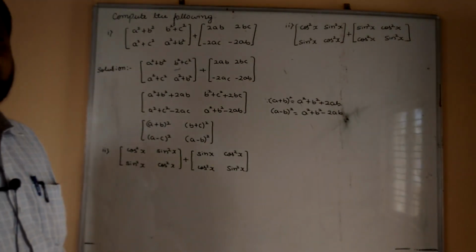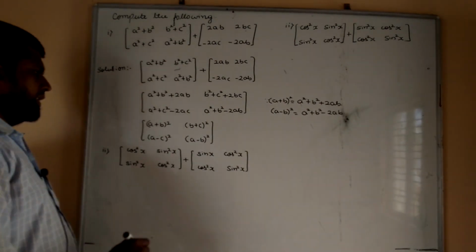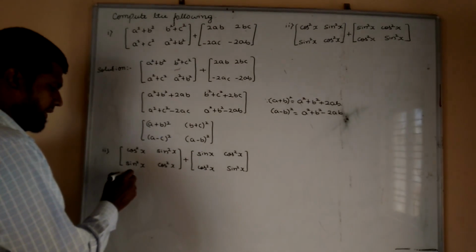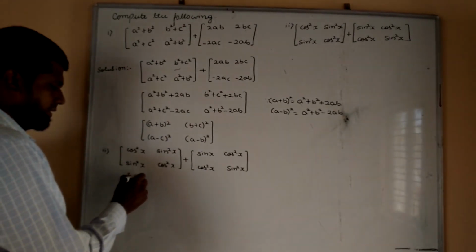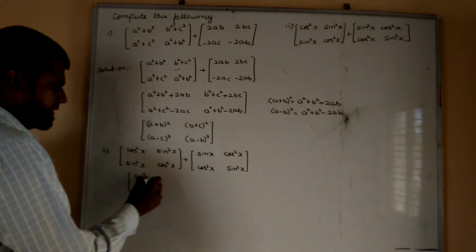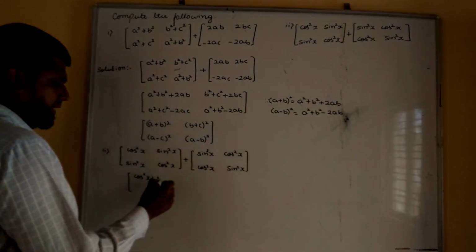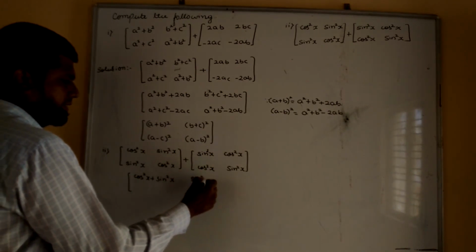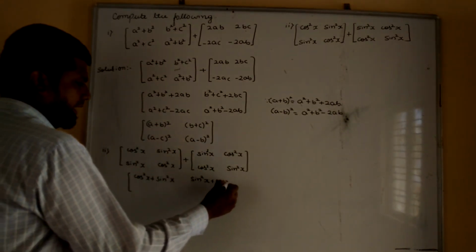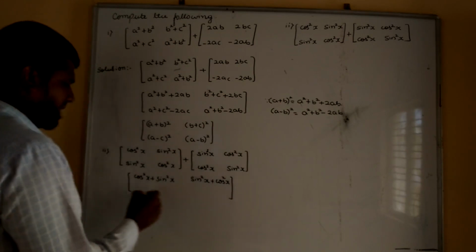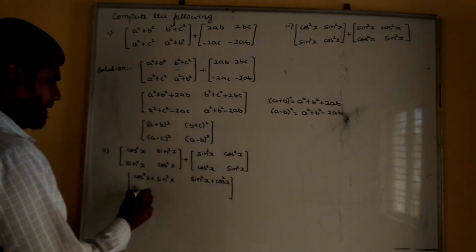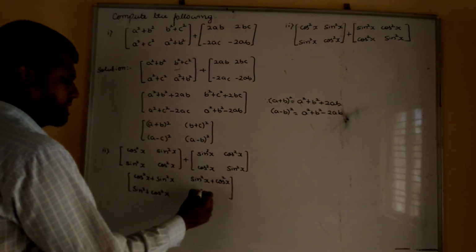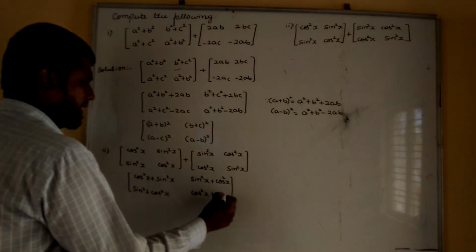Plus means you have to add the two matrices. You know the addition of matrices, you have to add the corresponding elements of the two matrices. So if you add cos square x plus sin square x, then sin square x plus cos square x, then sin square x plus cos square x, cos square x plus sin square x.